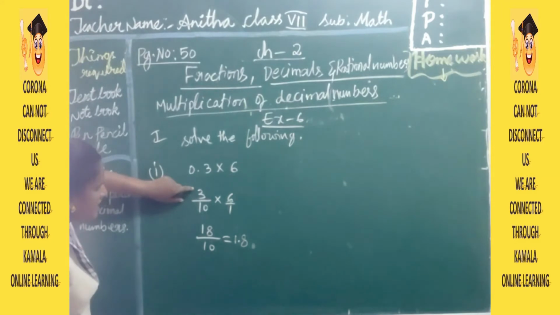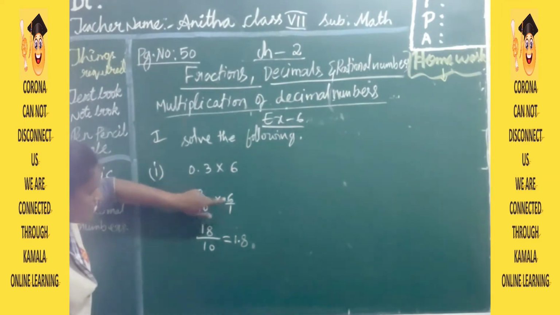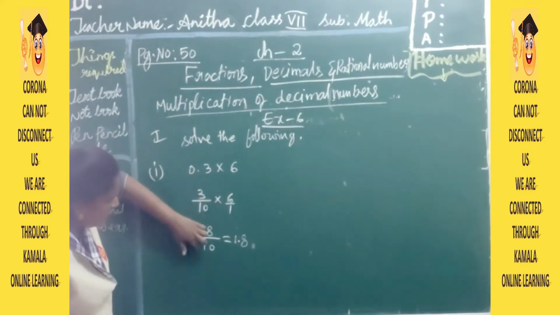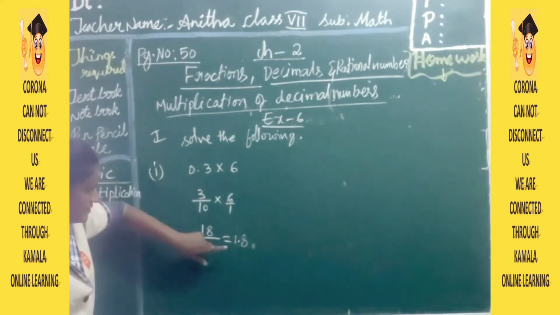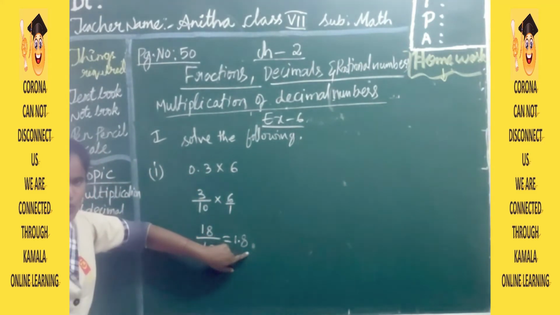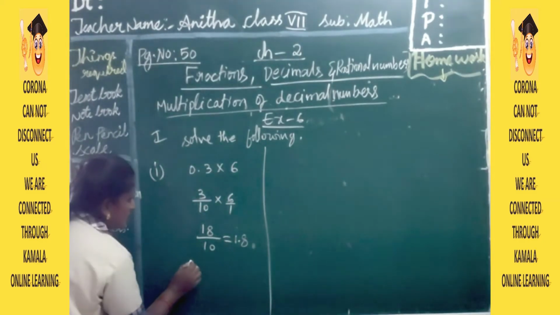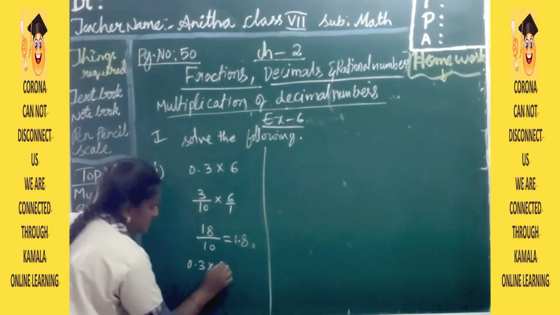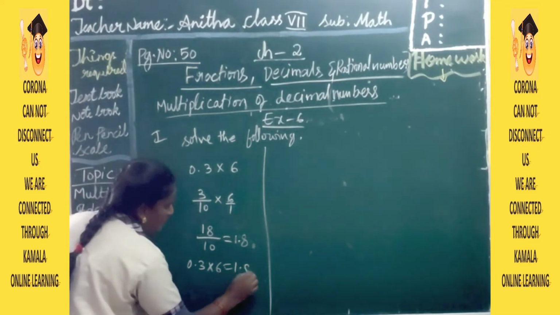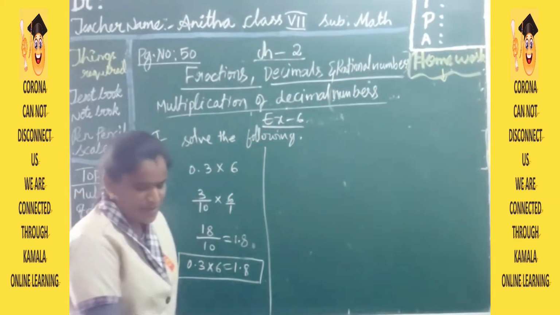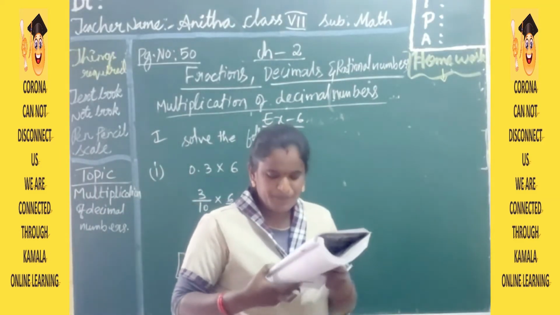So 3 by 10 into 6 by 1. 6 threes are 18 and 10 ones are 10. 18 by 10 is 1.8. 0.3 into 6 should be equal to 1.8. Our answer is 1.8.